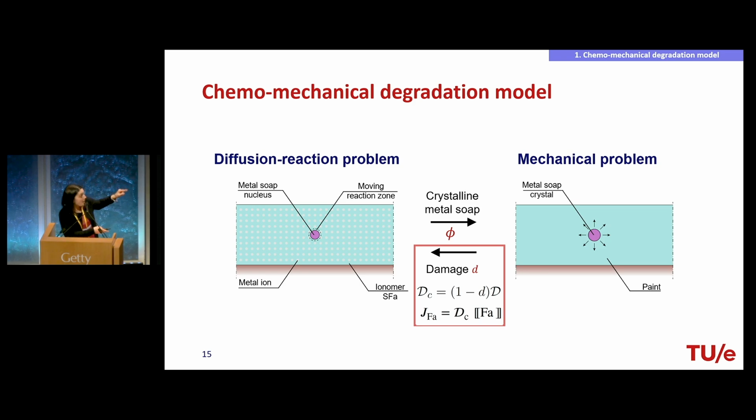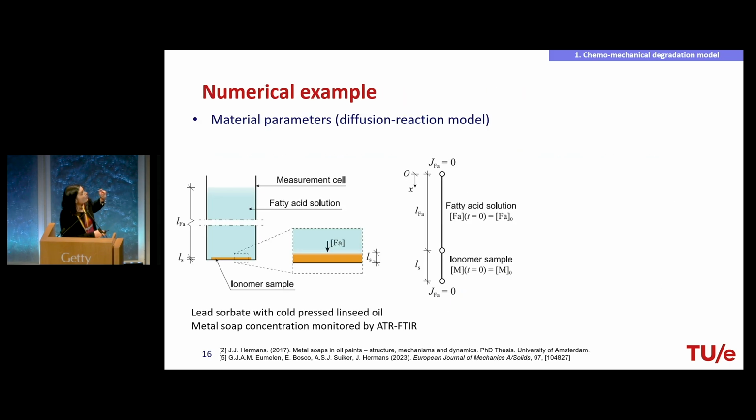So what we send back to the mechanical analysis is the damage parameter that we use to specify relations in terms of flux concentration of the fatty acids at the interface that depend on the mechanical damage parameter. So we have a two-way coupled model, and from a technical point of view, we solve first the diffusion reaction problem in a fully coupled way, and then the two models are sequentially coupled.